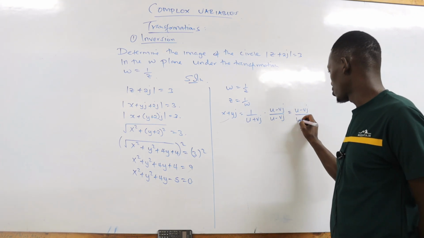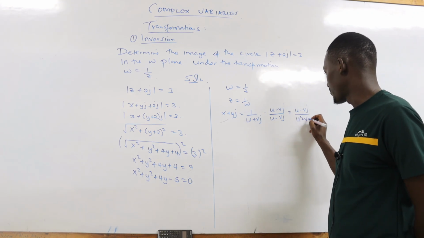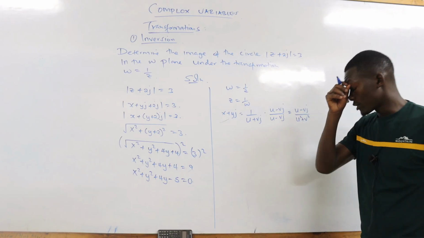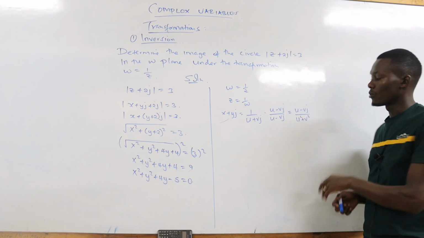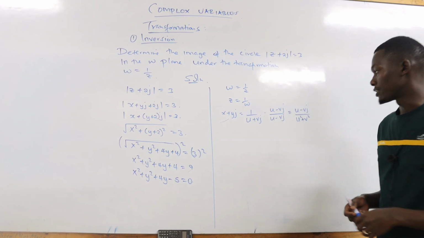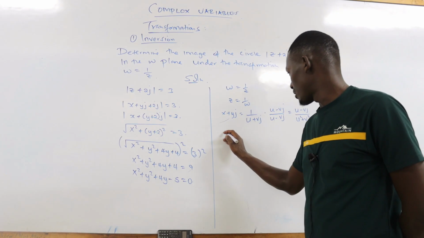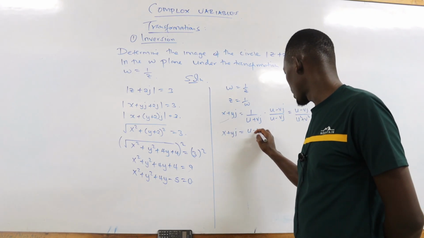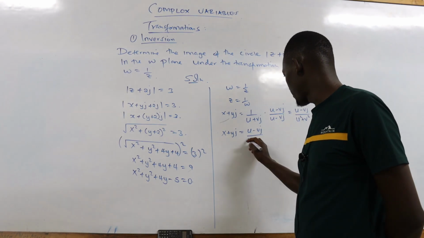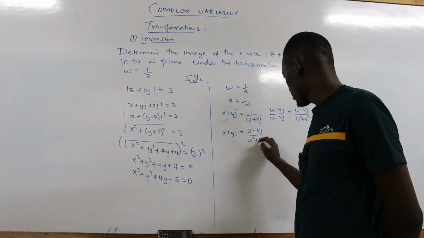So it is u squared plus v squared. If you follow the video on complex numbers, you'll understand why we have a positive here and not a negative. So therefore, now you have x plus yj is given by u minus vj over u squared plus v squared.